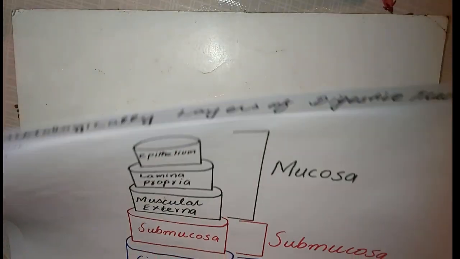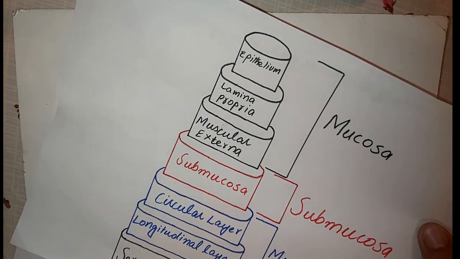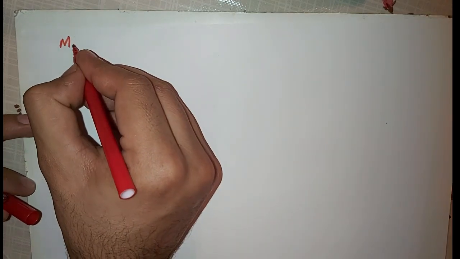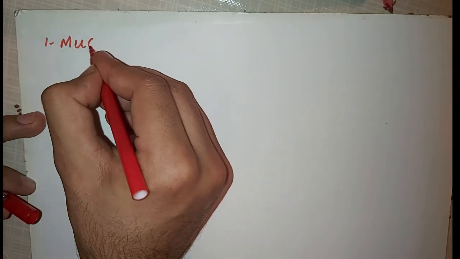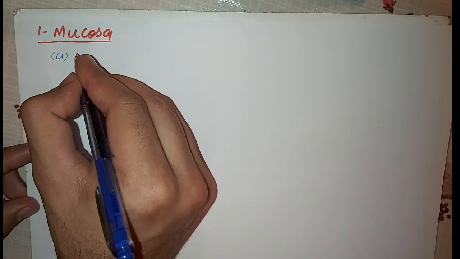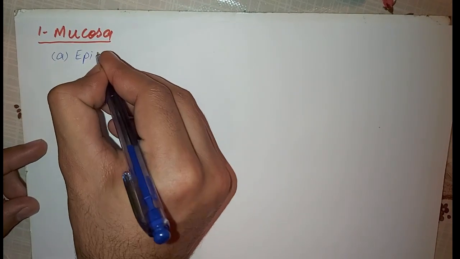Now I will tell you about the epithelium. The first layer is mucosa, and its sublayer is epithelium.